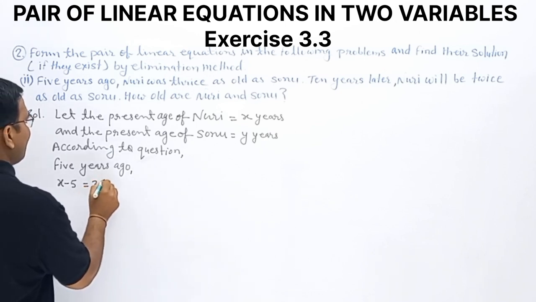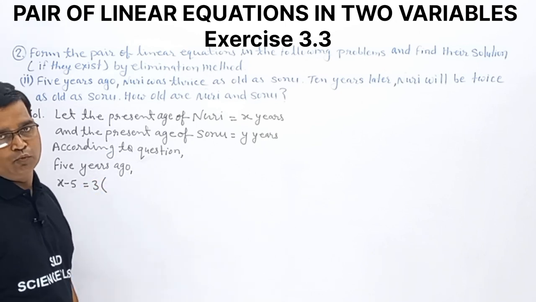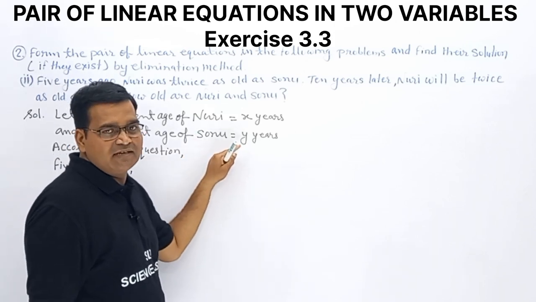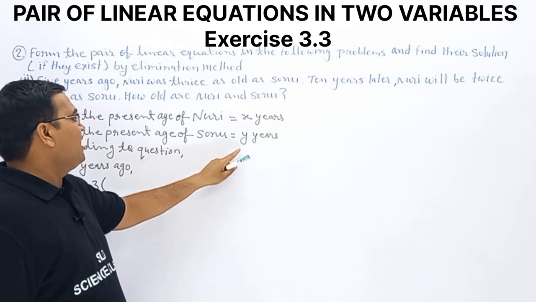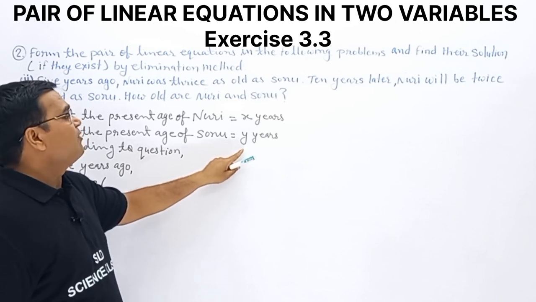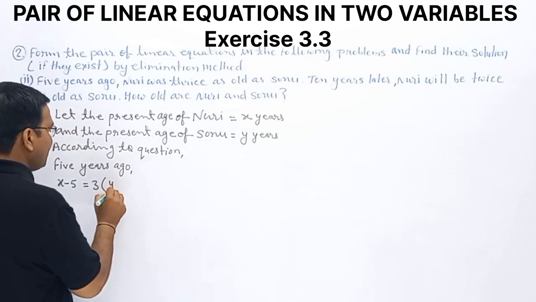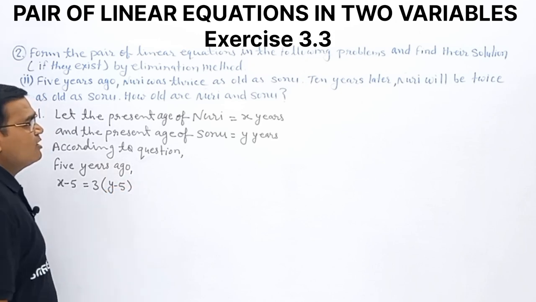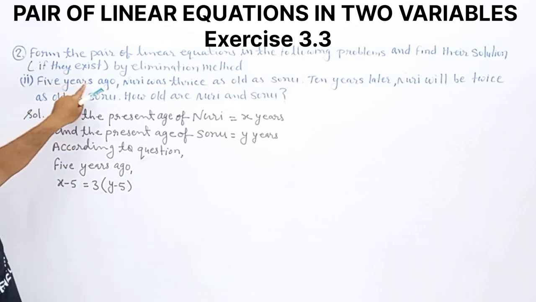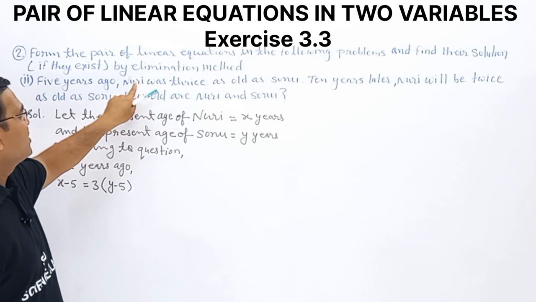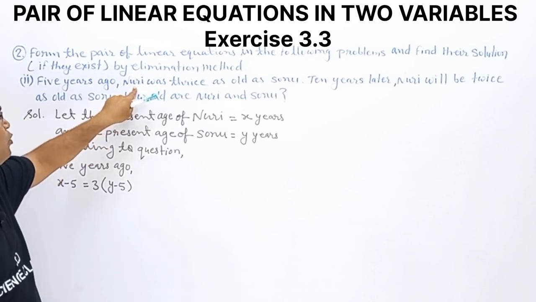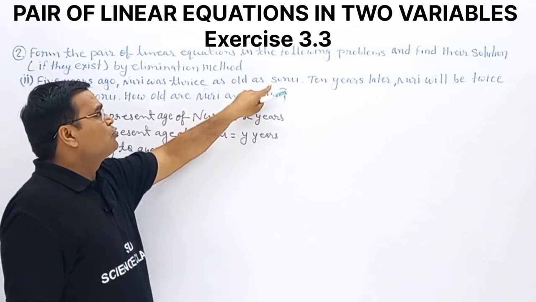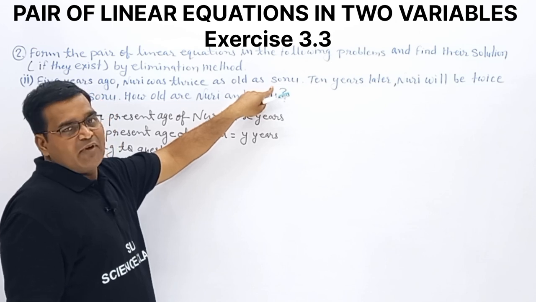Thrice means 3 times the age of Sonu. The present age of Sonu is y years, so 5 years ago the age of Sonu was y minus 5.